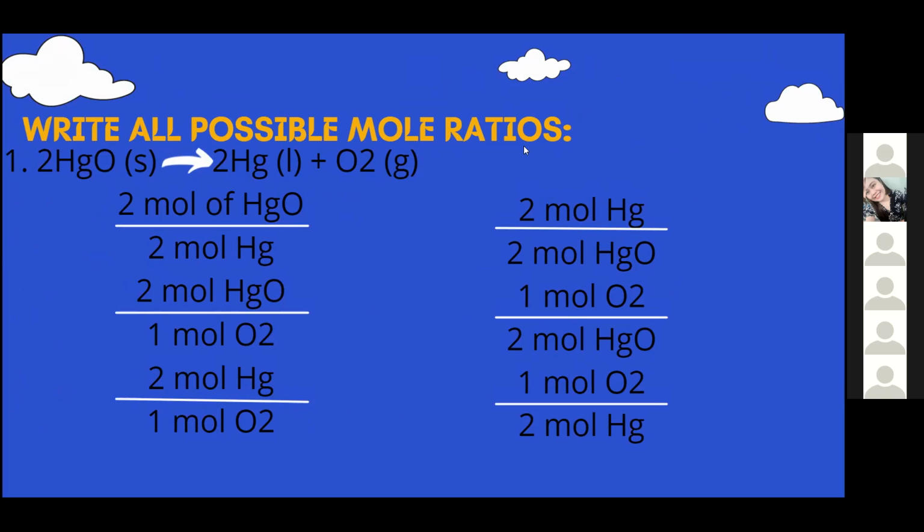And we have 2 moles of mercury oxide over 1 mole of oxygen. And we have 2 moles of mercury over 1 mole of oxygen. Or 2 moles of mercury over 2 moles of mercury oxide. We have 1 mole of oxygen over 2 moles of mercury oxide. And last one, we have 1 mole of oxygen over 2 moles of mercury.